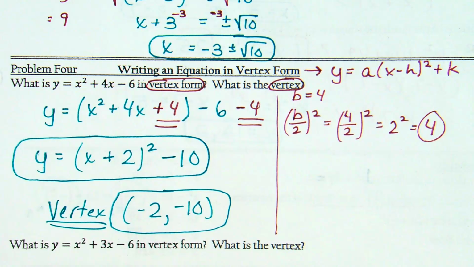Okay, I want my x squared plus bx, so x squared plus 3x out front in the parentheses. My c value, push it down outside the parentheses. So y equals, parentheses, x squared plus 3x. I'm going to leave a gap. Minus 6 goes outside.